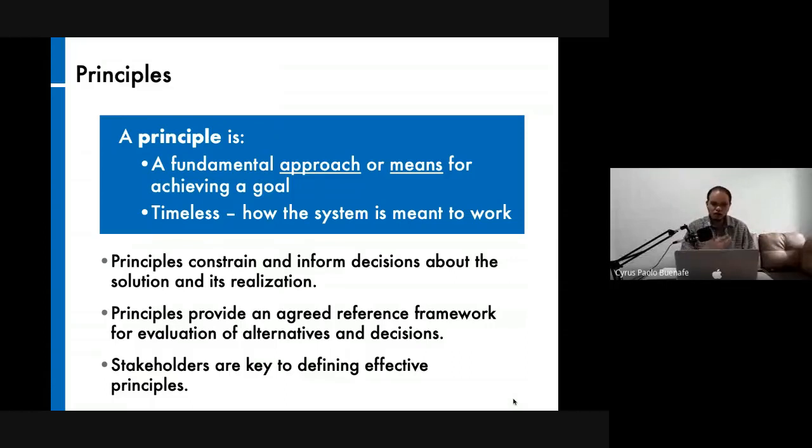So when you're looking at possible projects, principles are like criteria that you can overlay on top of any proposal. And if the proposal doesn't match the principle, then you don't do it. So that's the idea behind principles. Okay, and definitely, as we've alluded to at the start, stakeholders are key in defining effective principles.